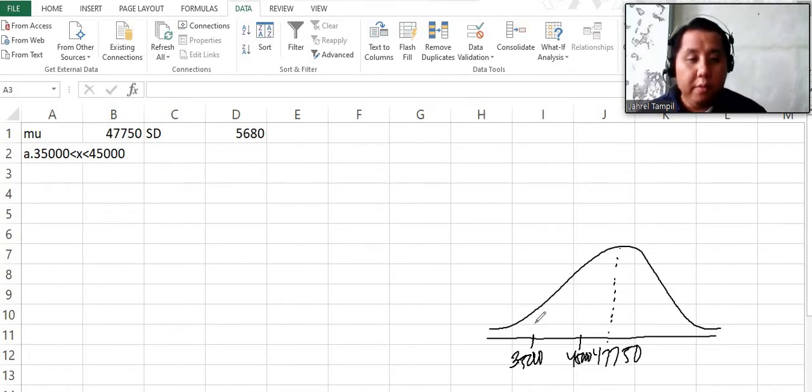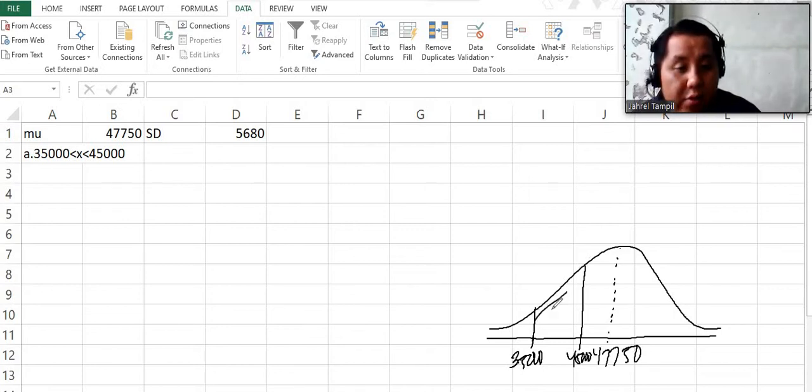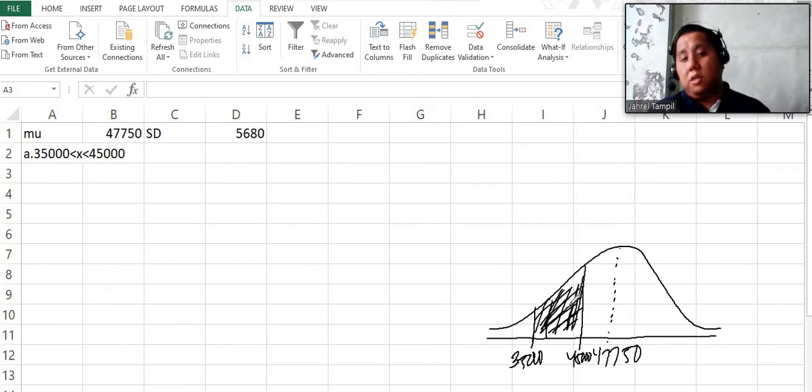So what we're looking for actually is the probability that, along that distribution of salaries, the salary that we're looking for is in between those numbers and within this specific shaded area. So what we're looking for is the probability of this shaded area.